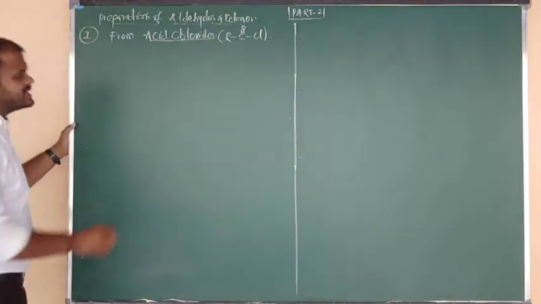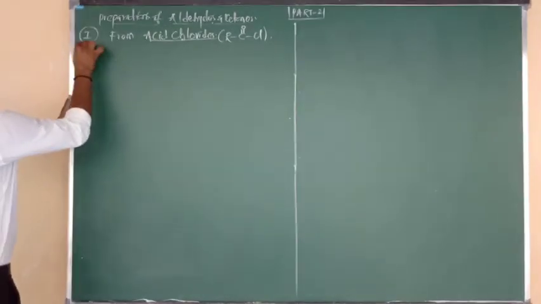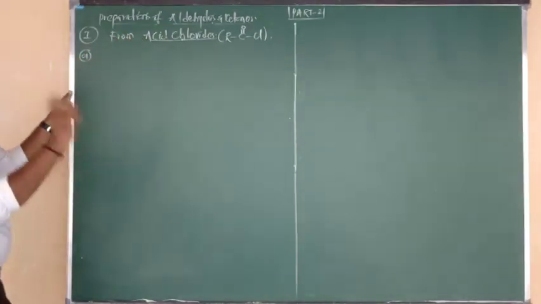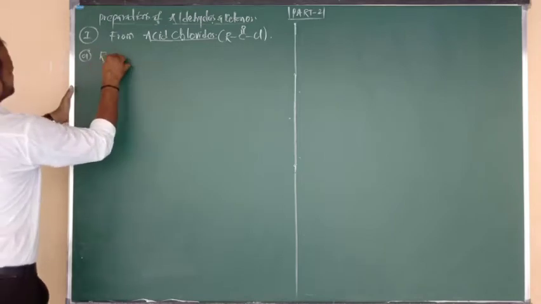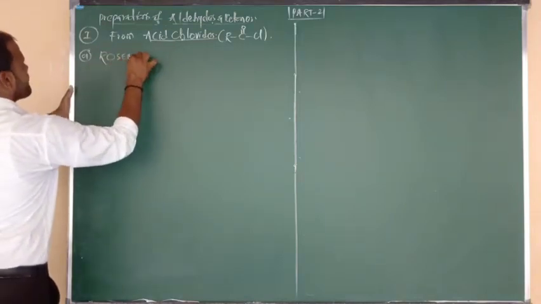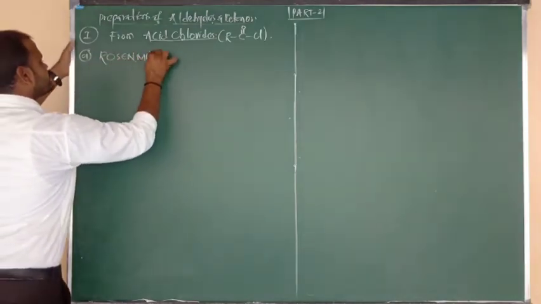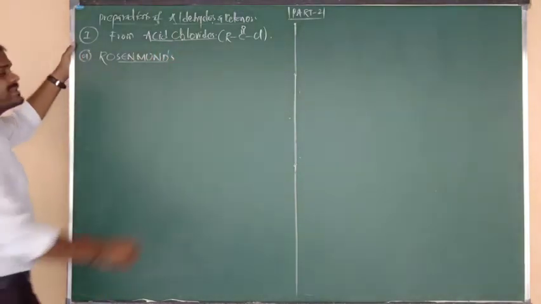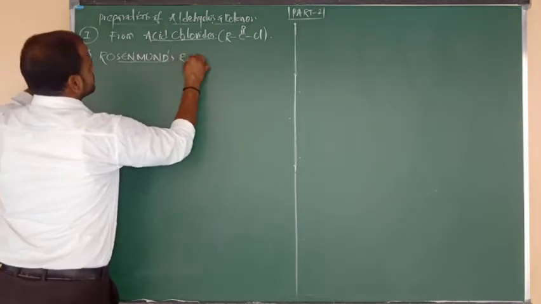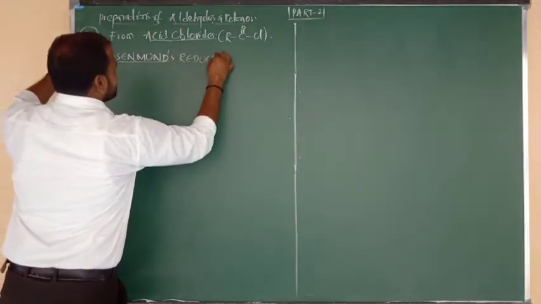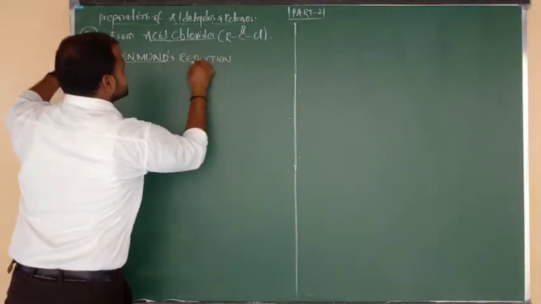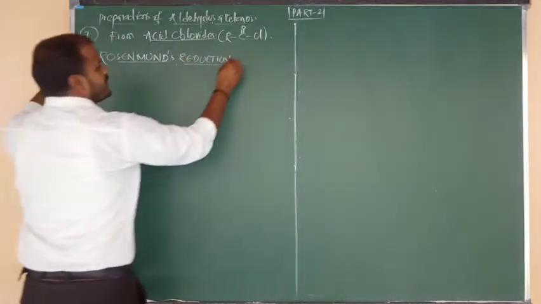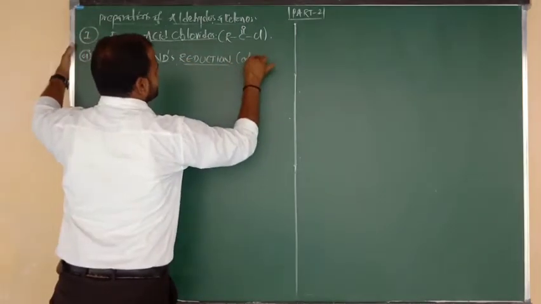By using such acid chloride, we are going to prepare the aldehydes and ketones by two different methods. In that, method number 1 for the preparation of aldehyde, very important, is the Rosenmund's reduction. This is the very suitable method for the preparation of aldehydes only.